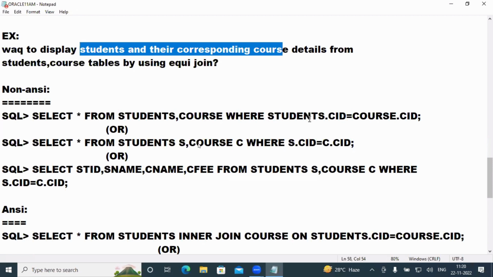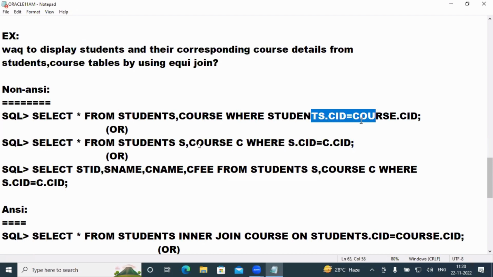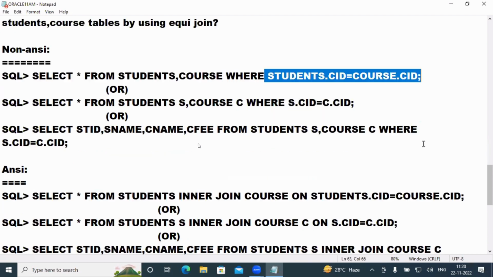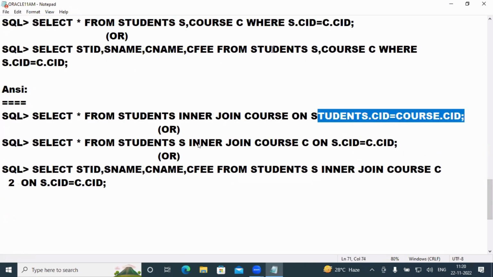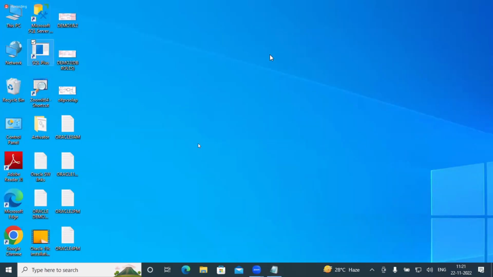But how does this condition work? How does the data get compared internally, in ANSI or non-ANSI? Let me come out and show it.